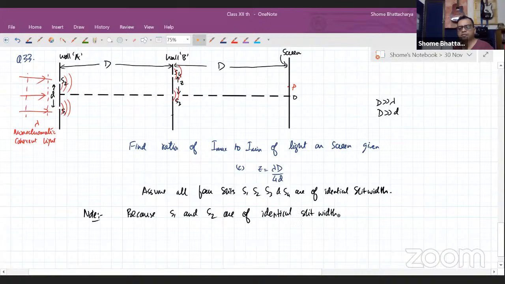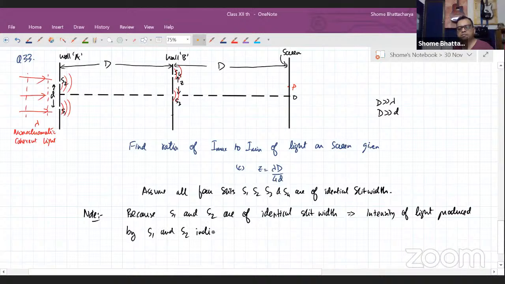Therefore, the intensity of light produced by S1 and S2 individually at any point on the wall B is the same. And let's say that is equal to I, suppose.